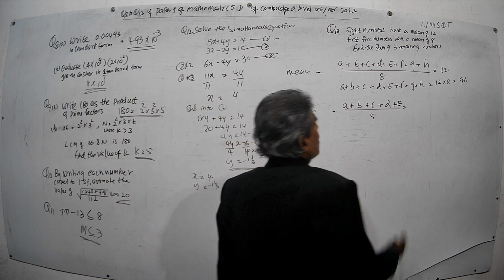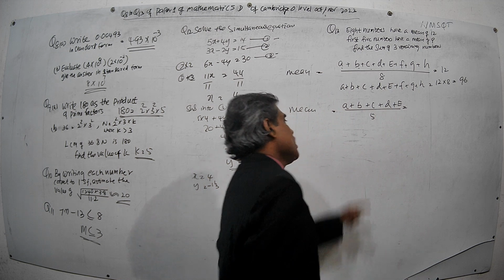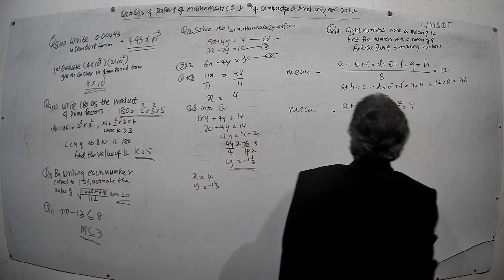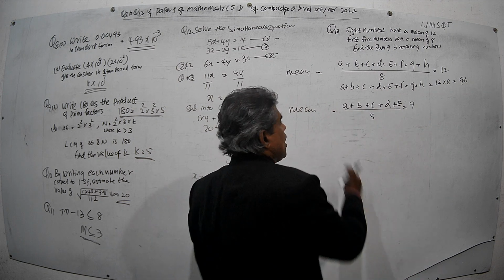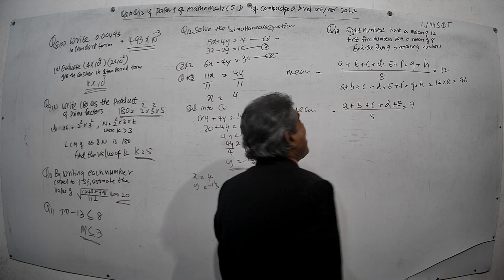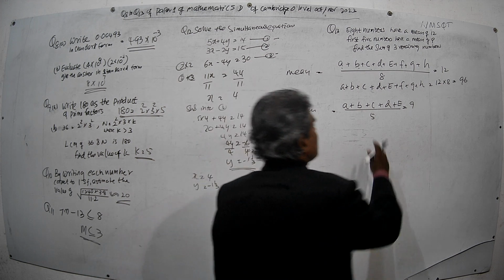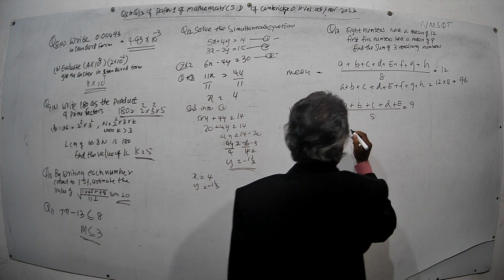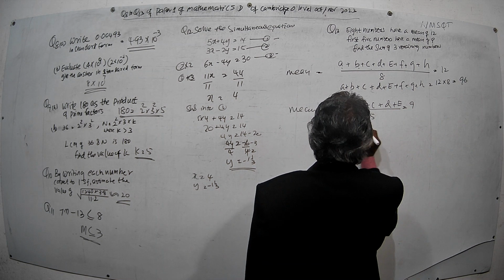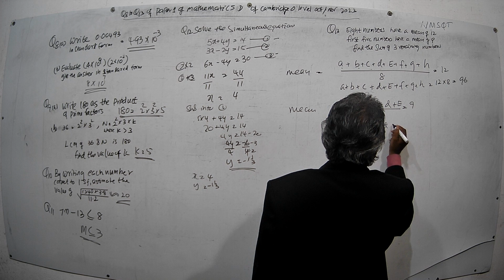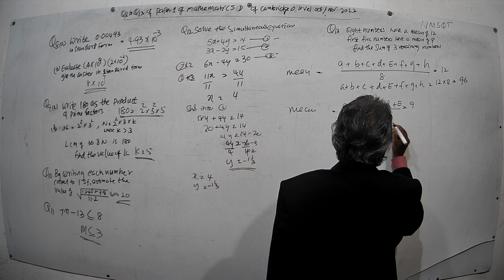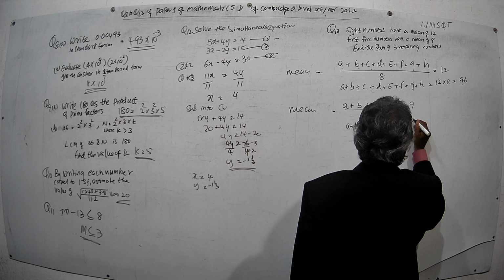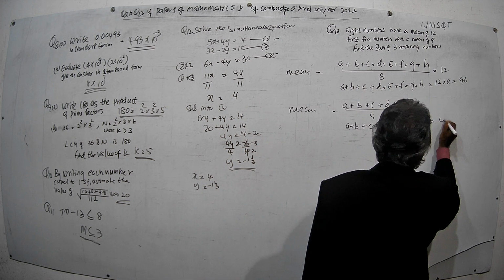Now make the sum of the first 5 numbers the subject: take the division by 5 as multiplication by 5 to the other side. A plus B plus C plus D plus E equals 9 times 5, which is 45.